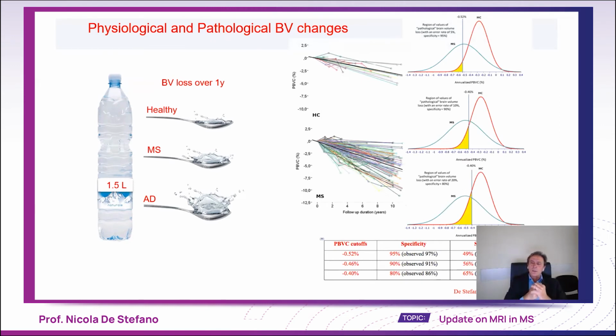In percentage, we are talking about probably something like 0.5% or 0.6% per year, which is a good cutoff between healthy controls and MS.